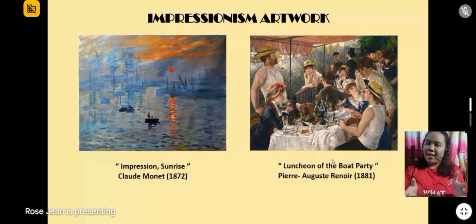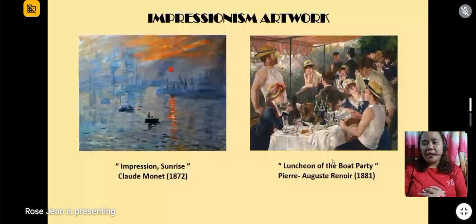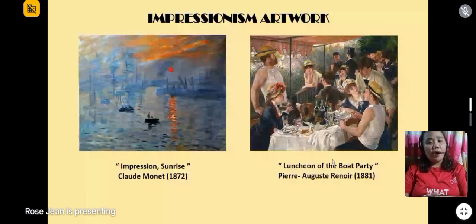The painting was created during a period of artistic experimentation as Monet and his contemporaries sought to break away from academic conventions and capture the immediacy of perception. So, the other example artwork is Luncheon of the Boating Party. It was completed in 1881.